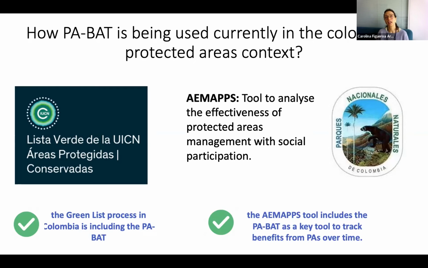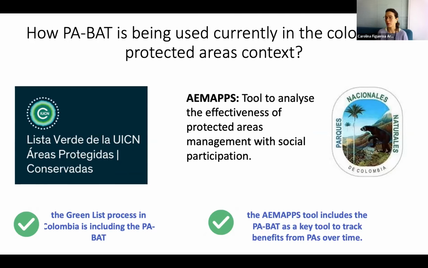Another more sustainable and interesting result from using the PA-BAT from this first experience was that we could influence a tool that national parks in Colombia use to analyze the effectiveness of protected areas management with social participation.